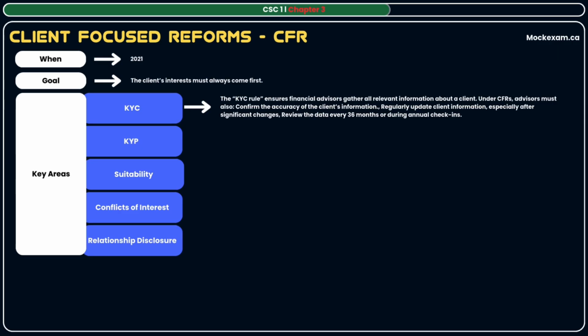They need to regularly update clients' information, especially after significant changes. They need to review the data every 36 months or during annual check-ins. So, these are the changes and updates to the KYC rule under the CFRs.